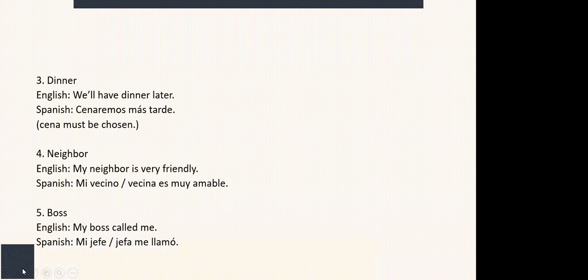This is a word that is troublesome, because it changes its status, it changes its part of speech. Like, you're going to have dinner. Dinner is an established noun, but here it could be used as a verb to be conjugated. Okay.